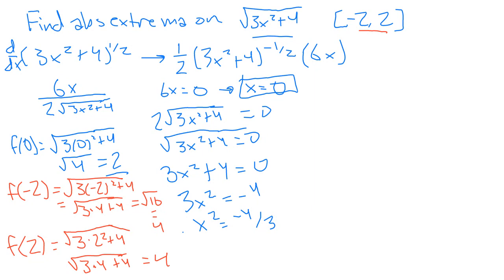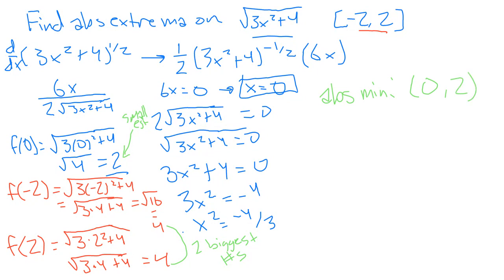So I can go ahead and look through and see. Our smallest number is going to be 2. And since both of our endpoints give us 4, we can also say that we have two of the bigger numbers. So therefore, we have one smaller, so we can say we have our absolute min at (0, 2).